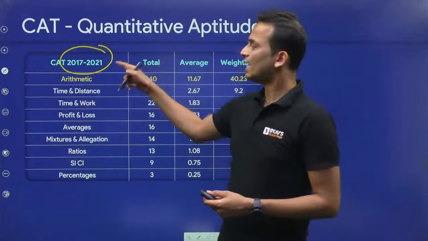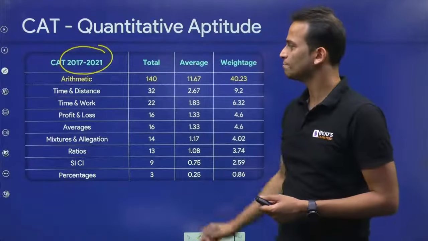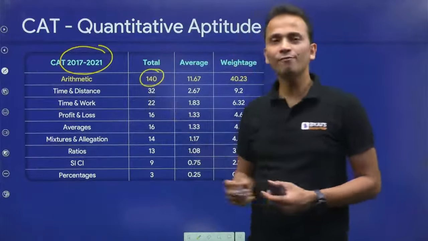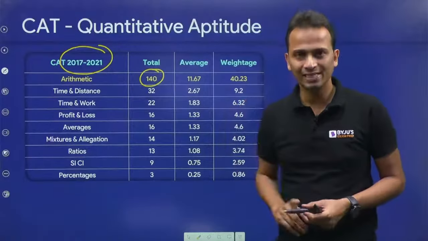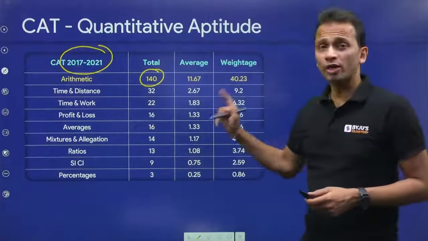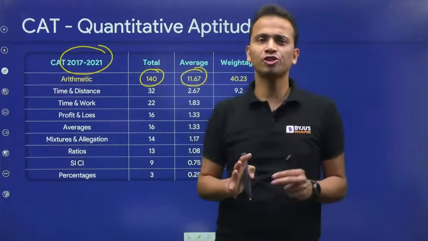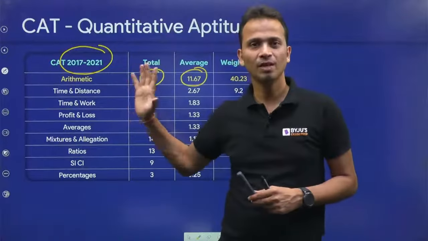So in the last 5 years, starting from 2017 up till 2021, a total of 140 questions have appeared from arithmetic. On an average, every year we have seen somewhere around 12 questions coming from arithmetic only.